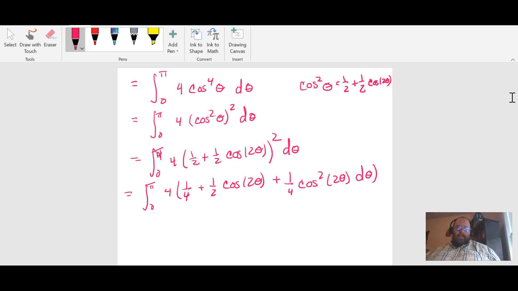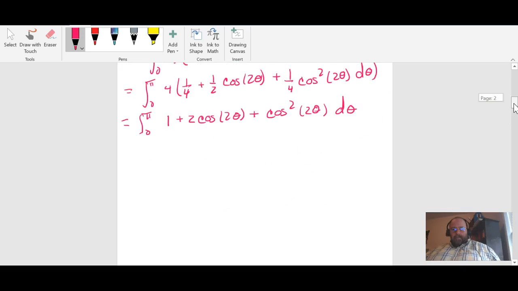And this is all multiplied by 4, so let's distribute, which is going to give me 1 plus 2 cosine 2 theta plus cosine squared 2 theta d theta.